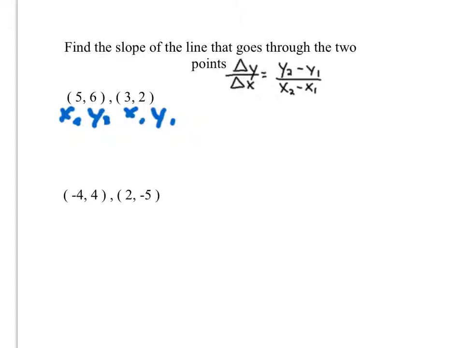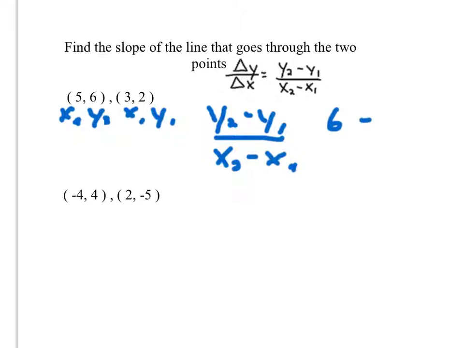Now I'm going to rewrite the formula, y2 minus y1 over x2 minus x1. And then I'm just going to plug them in. Well, my y2 was 6 minus my y1 was 2 over, and then we'll put my x's on bottom. x2 was 5 minus x1 was 3.